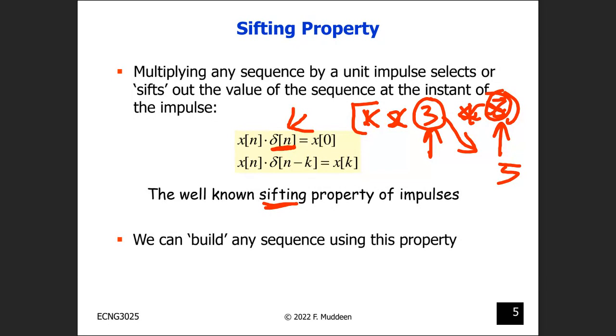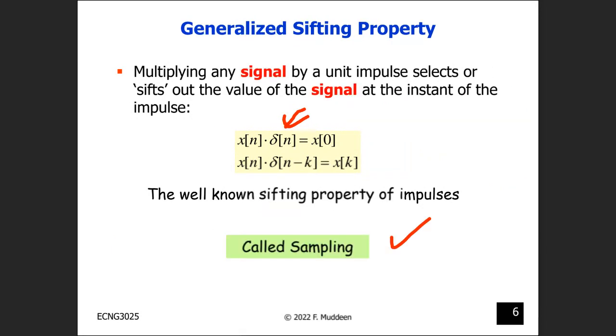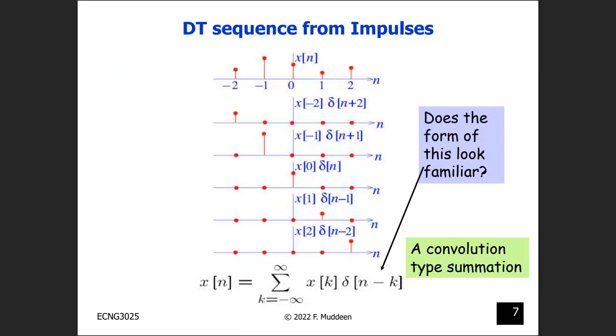And just back to this slide before, we can now use this property to build any sequence. In other words, I could build out a sequence by using this sampling or sifting property here. Look at the sequence of numbers on top. I have x[n], but in fact, I could dismantle x[n] by saying that this value is really x[-2] times delta[n+2].